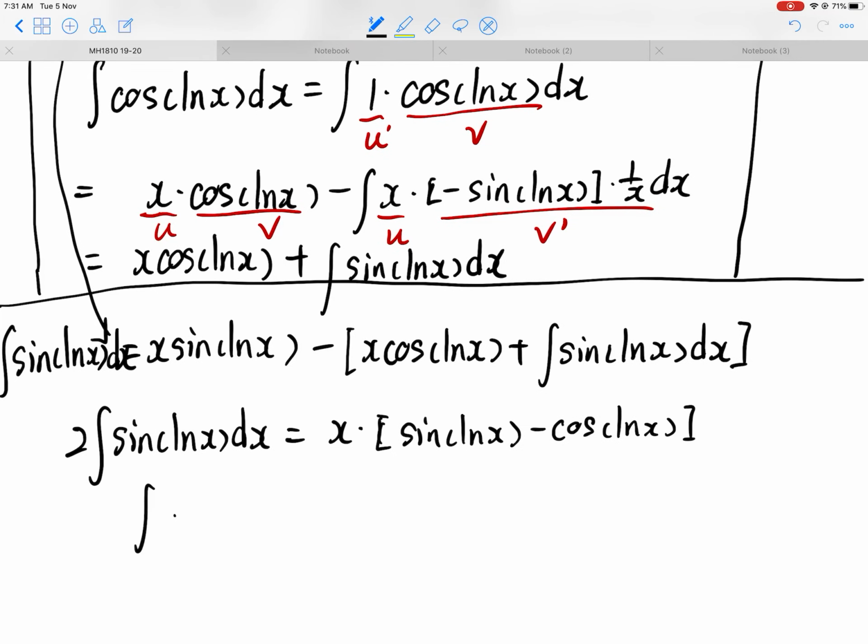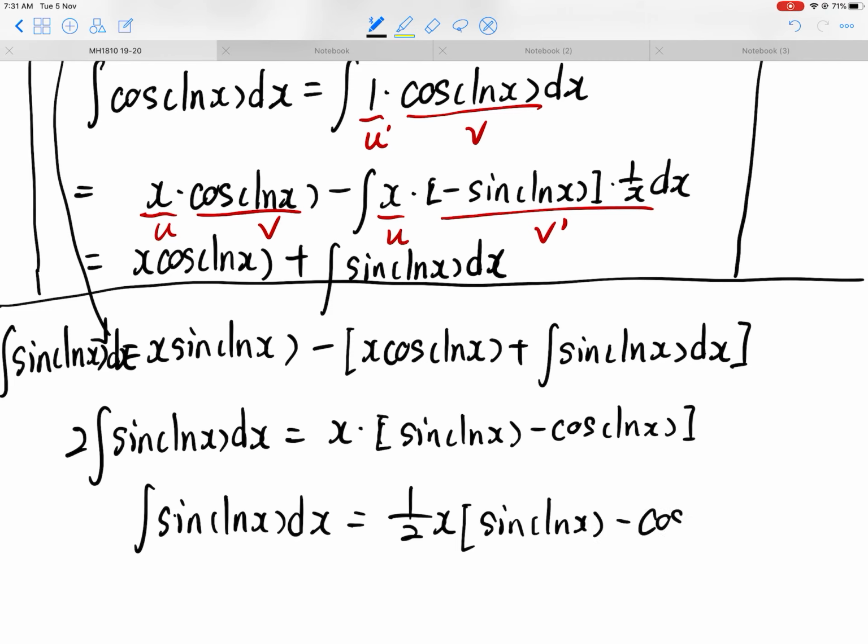Not yet. So we can get our sine ln x integration equals just half x times sine ln x minus cosine ln x, plus c.